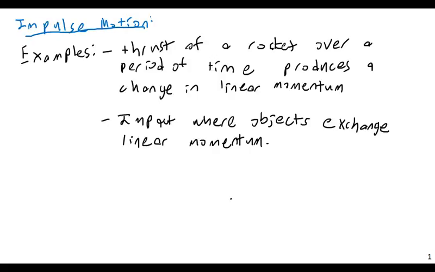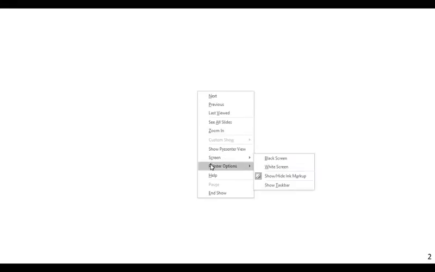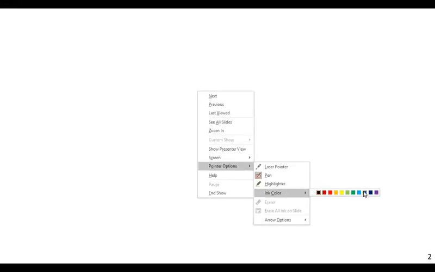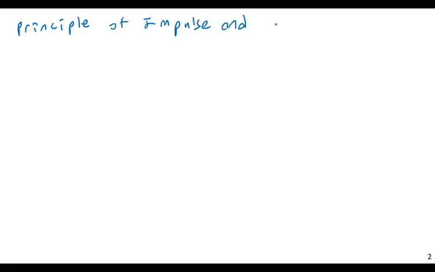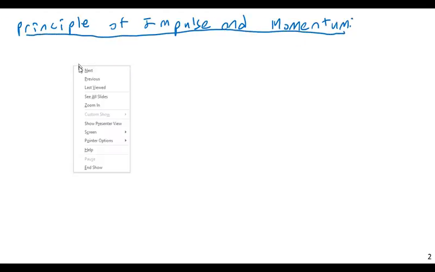Okay, so let us observe the principle of linear momentum. Here, the principle of impulse and momentum, or the impulse-momentum principle, as you may have heard it described before. So what does this mean?